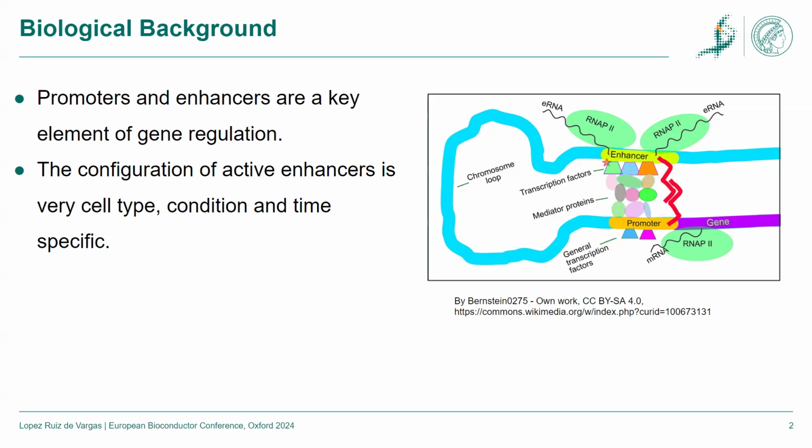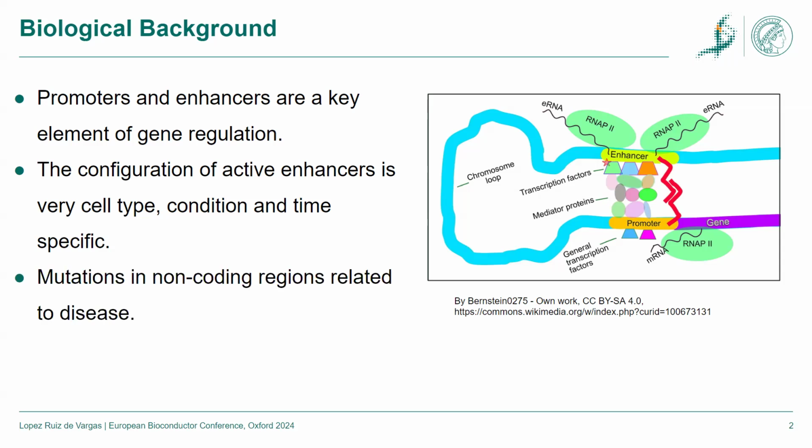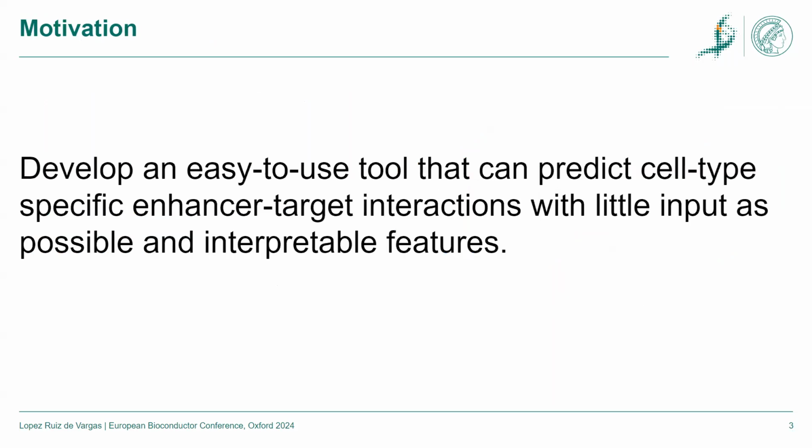At the same time, we know that uncovering gene regulation will lead to a higher understanding of how phenotypes arise in different diseases. There are also a lot of mutations related to non-coding regions, which we don't really know that much about. So our motivation was to develop an easy-to-use tool that can predict cell type-specific enhancer-target interactions with as little input as possible and interpretable features.